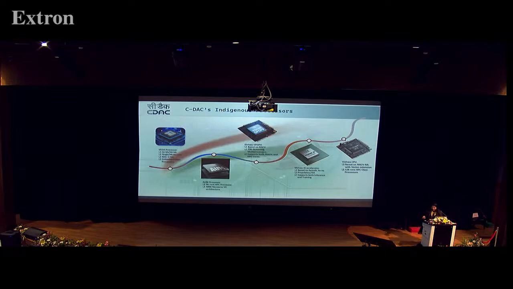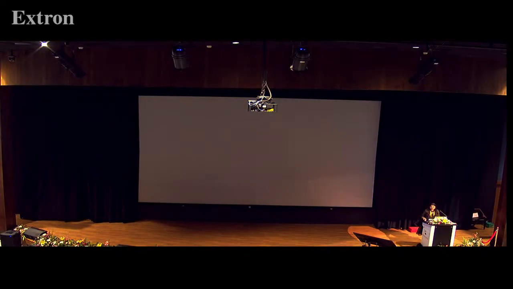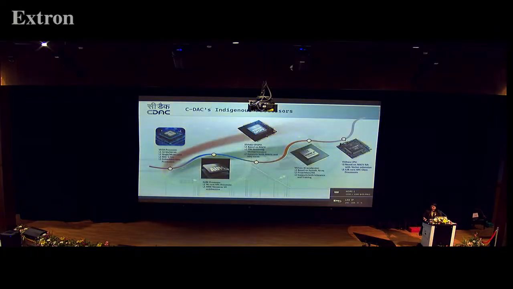Then, coming to the HPC class of processors, the immediate one that we have coming up is the OHM processor, which is based on the ARM Neoverse V2 architecture. So we are developing a processor based on the ARM architecture. And we have also started the development of an HPC class CPU based on the RISC-V architecture. The OHM processor is slated to be released in 2027, and the RISC-V based HPC CPU is slated to be released somewhere around 2029.